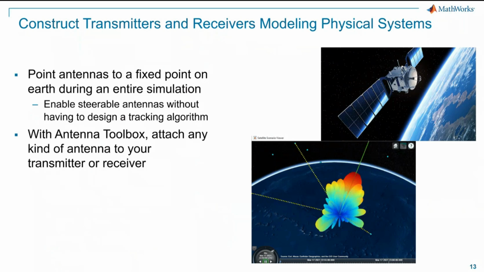In addition to that, when you propagate, you can see access analysis for when your satellite is overhead and for how long in the simulation. But when you apply transmitters and receivers to your ground station or your satellite, then you start to talk in terms of power. They will have some receiver sensitivity, they will have transmit power, and then you can start looking at link budget.